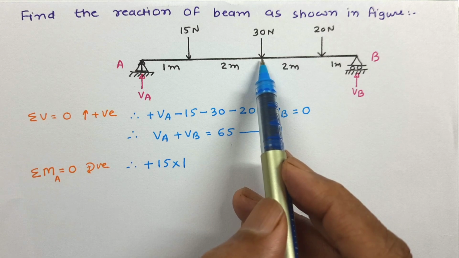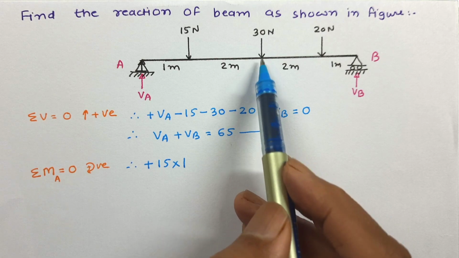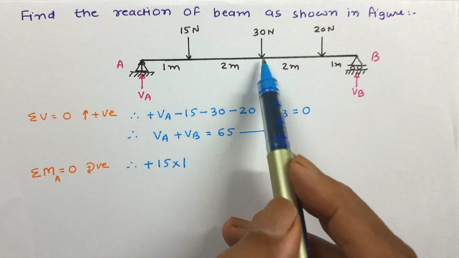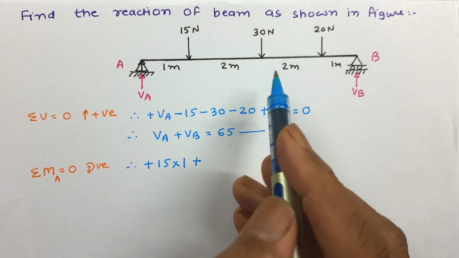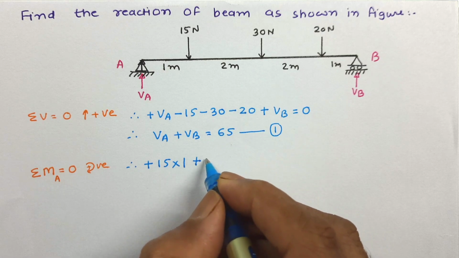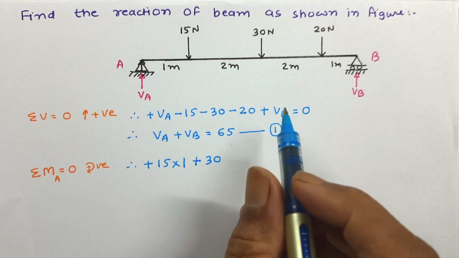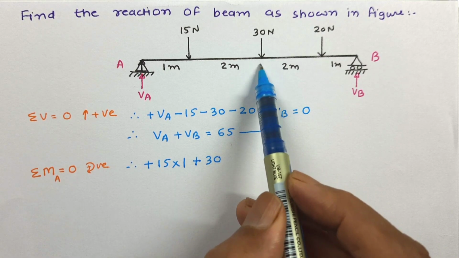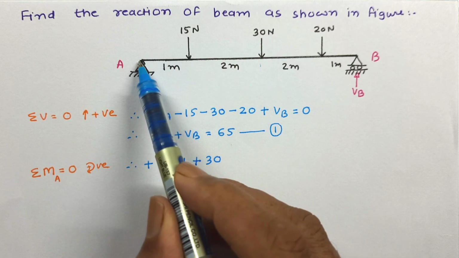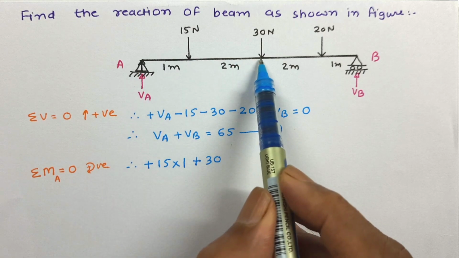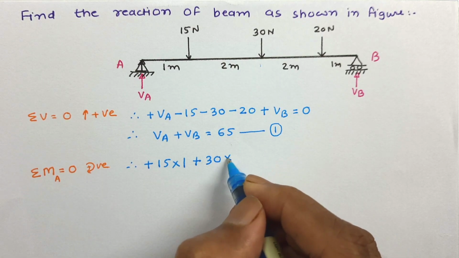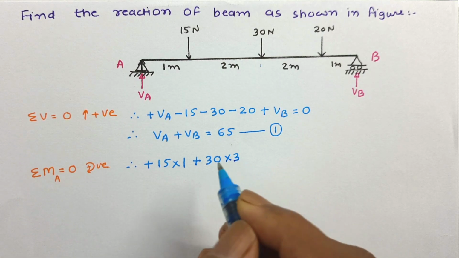Now the moment due to the 30 kilonewton force will also be in the clockwise direction, so it is plus. Magnitude of force is 30, so here we'll write 30, and the distance between the line of action of 30 and the point where we are working out moment is 3. So we'll multiply with 3.